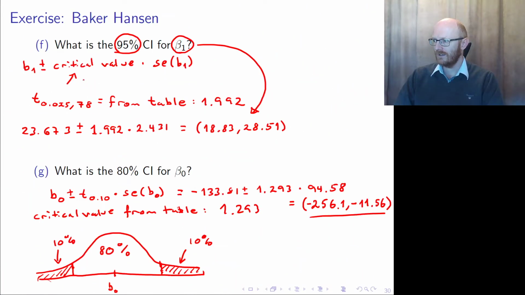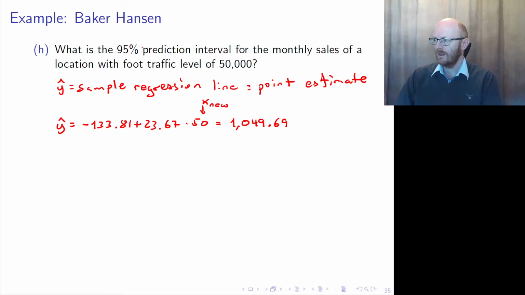So if we go back to our example, this is the point estimate, but we have to go up by 2 times the standard deviation of the errors. Then we have the 95% prediction interval.